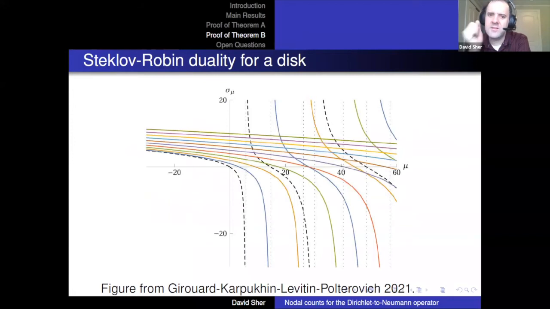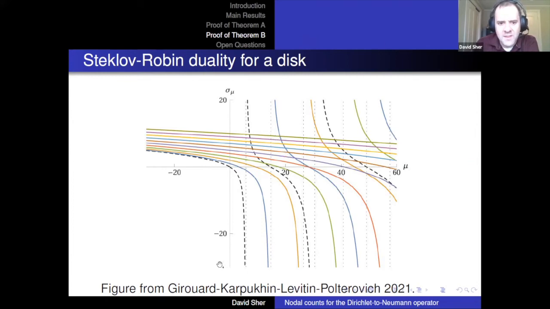And let's take a look at this picture again. This picture, despite being for a disk, contains all the essential features of Steklov-Robin duality for a more general omega. So let's count which Robin eigenfunction the kth Steklov eigenfunction is.